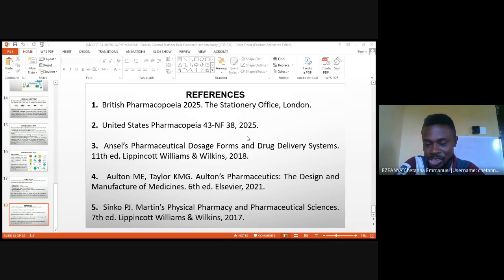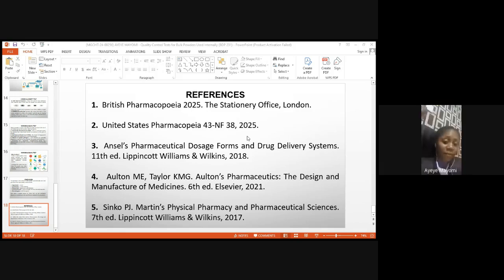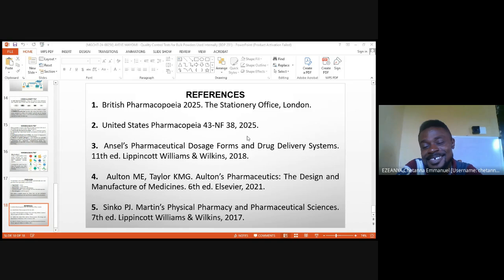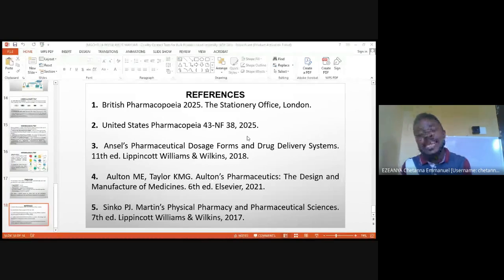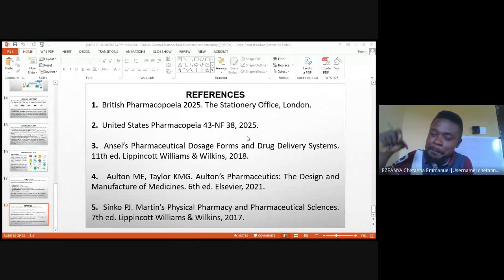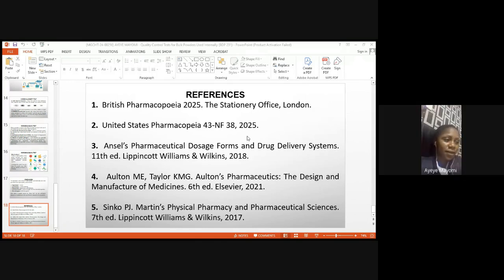So what range of paracetamol in milligrams will be in the tablet for you to say that the tablet passed the test?